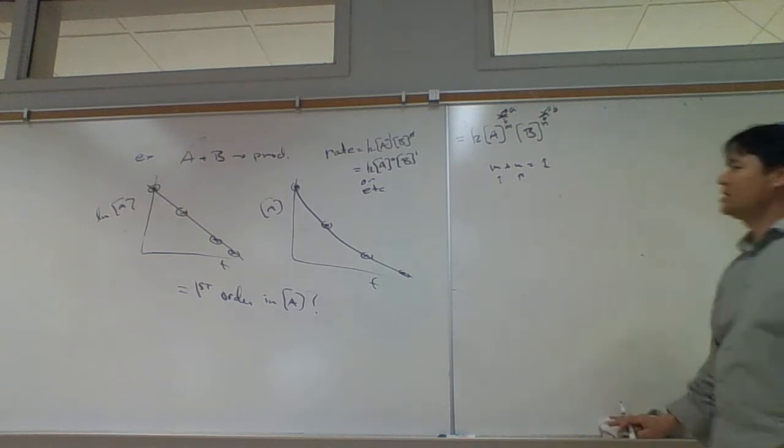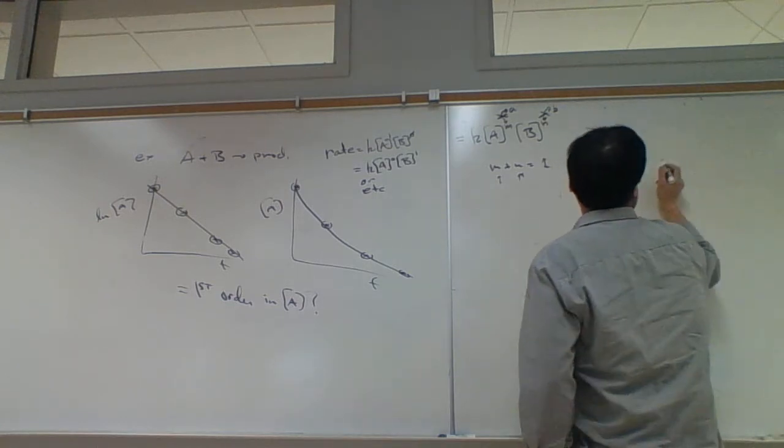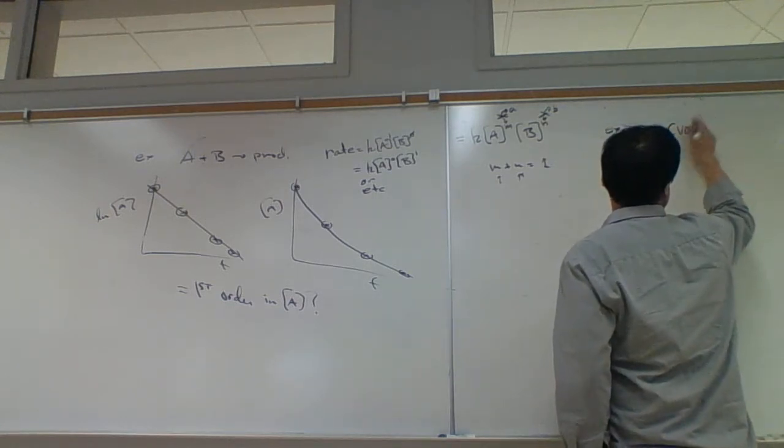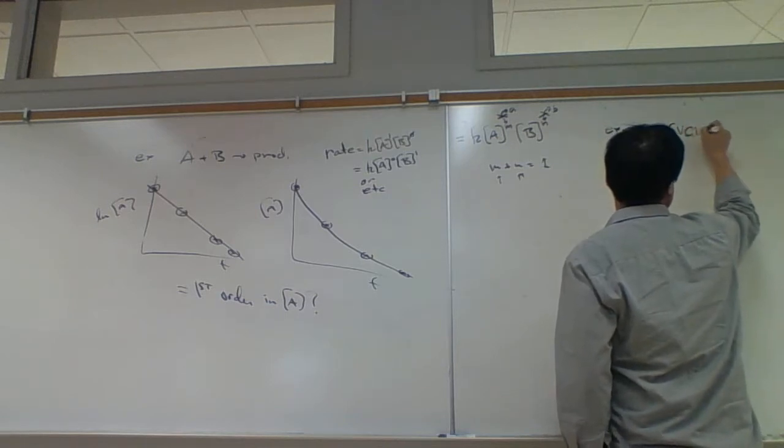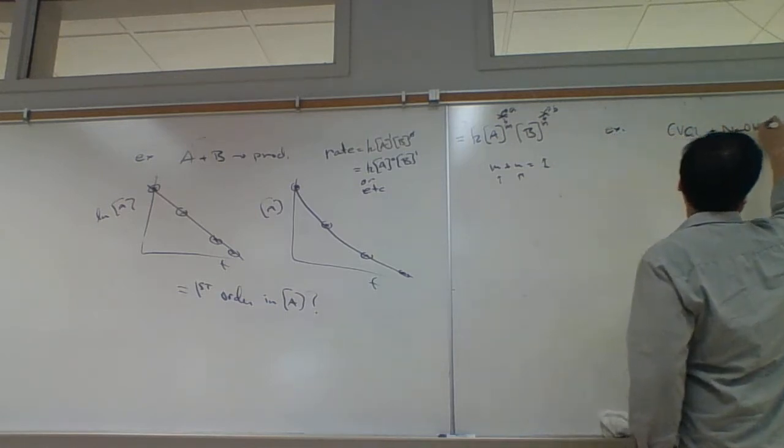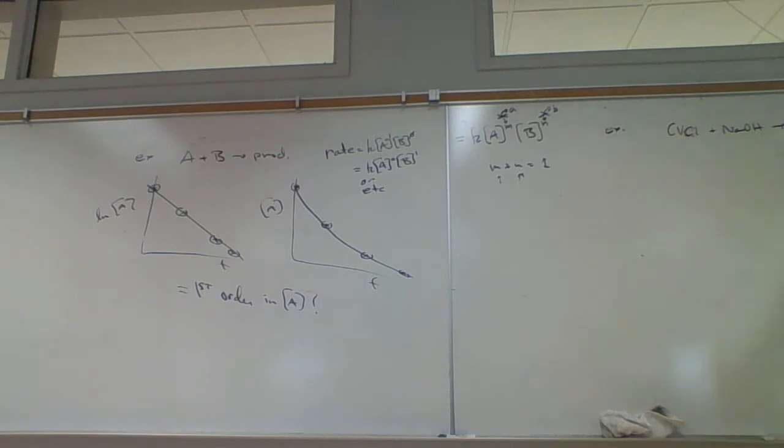Let's do an example here. An example is crystal violet chloride plus sodium hydroxide giving crystal violet hydroxide plus sodium chloride. Crystal violet chloride is colored. Crystal violet hydroxide is colorless, so we can follow this reaction.